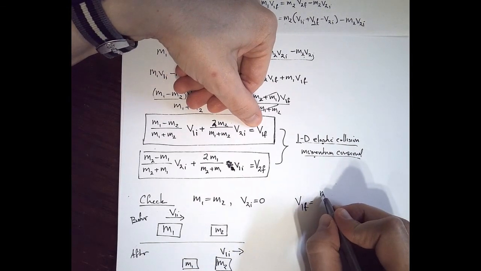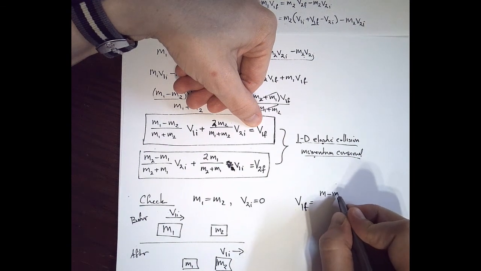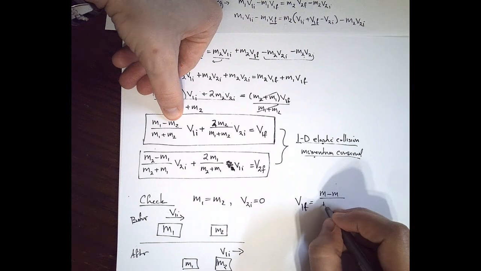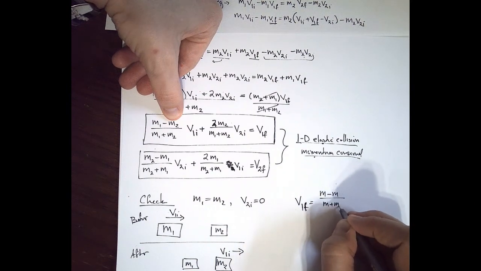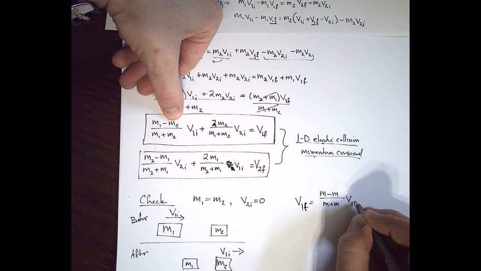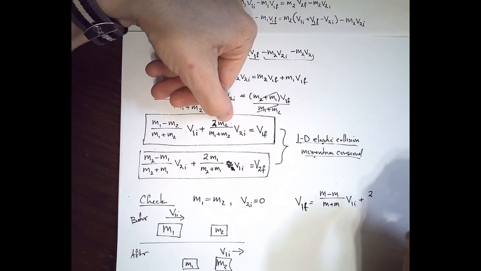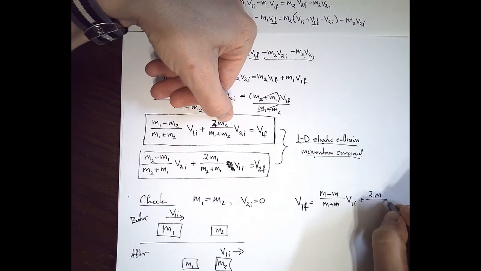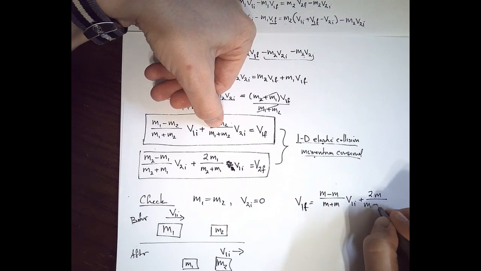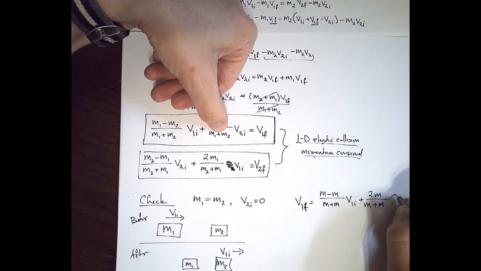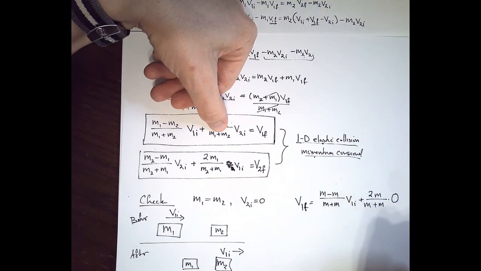So the masses are the same, so we'll just put in m. So m minus m right here, that's going to be 0. And then here, m2 over m1 is just m over m because they're the same mass. And initially that second mass isn't moving.